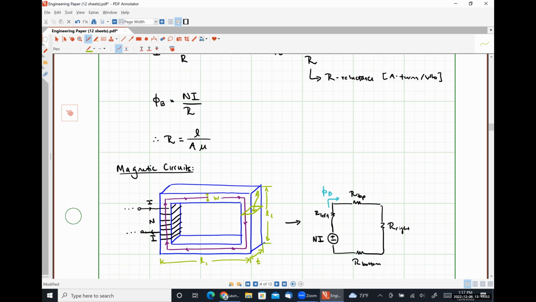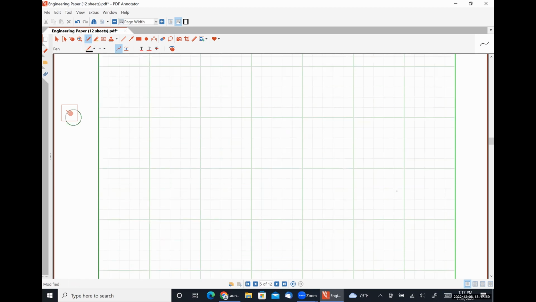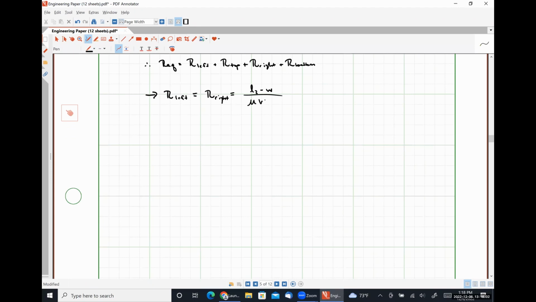Which is the width multiplied by the thickness. So W times T. And the reluctance of the top and bottom should be the same, where that's going to be L1 minus W over mu WT.